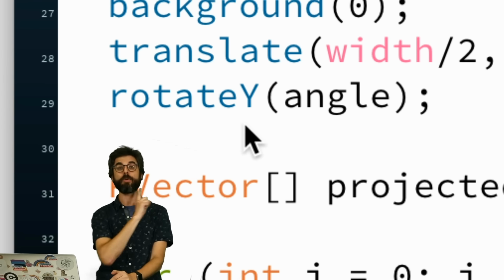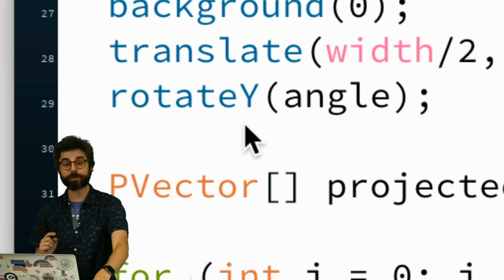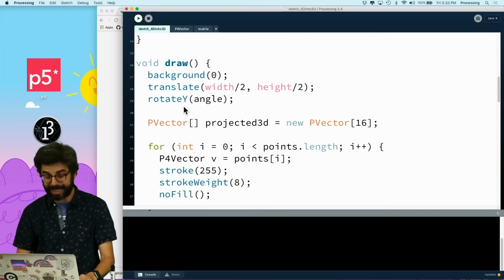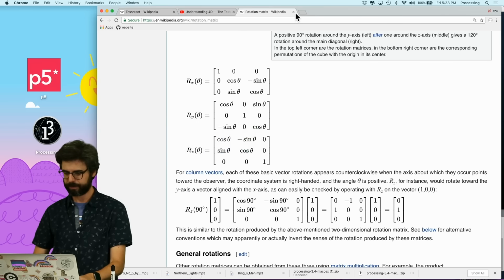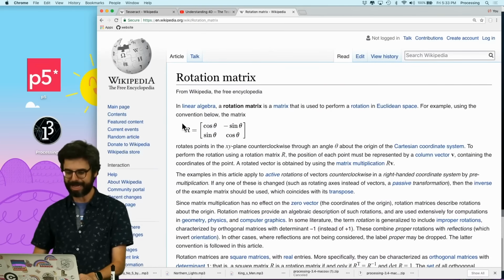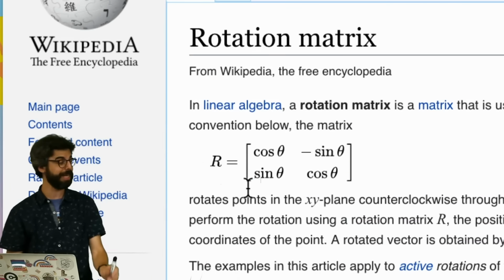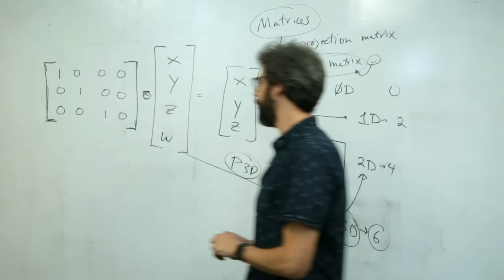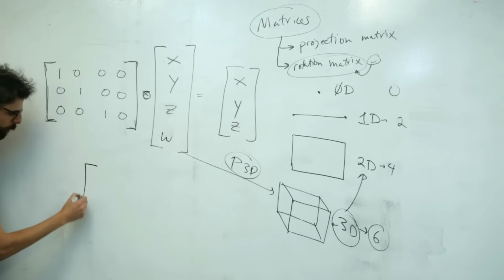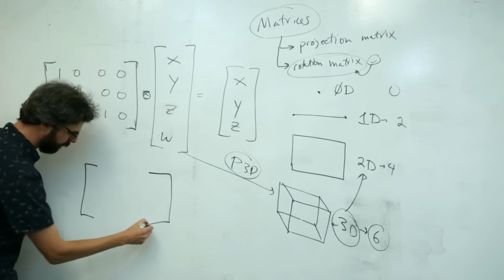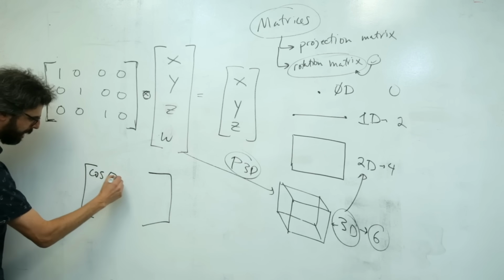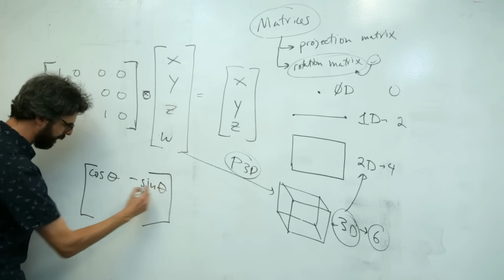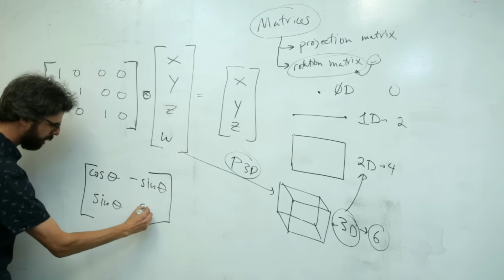That means rotating around the Y axis. So how does rotation actually happen? Well, rotation happens with a rotation matrix. Here I am on the Wikipedia page, and you can see this rotation matrix right here. So let's come back over here and think about that. This is a rotation matrix: cosine of theta, negative sine of theta, sine of theta, cosine of theta.